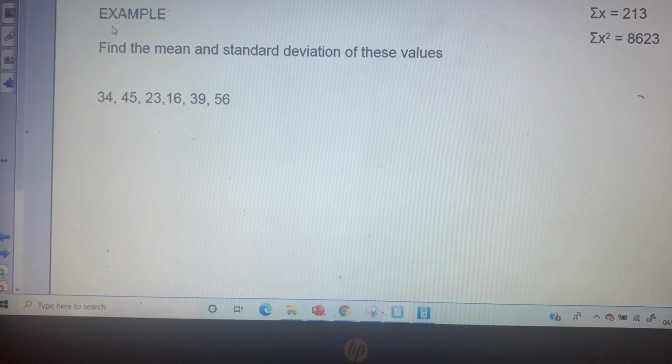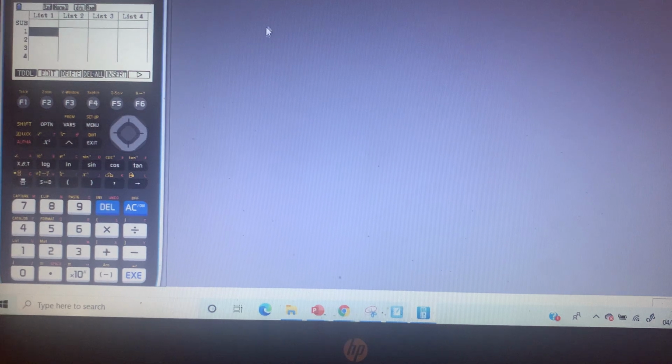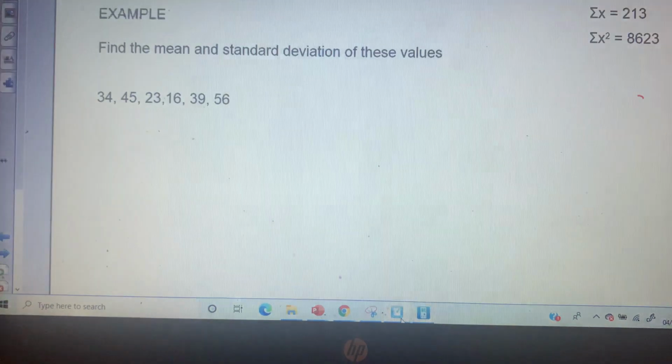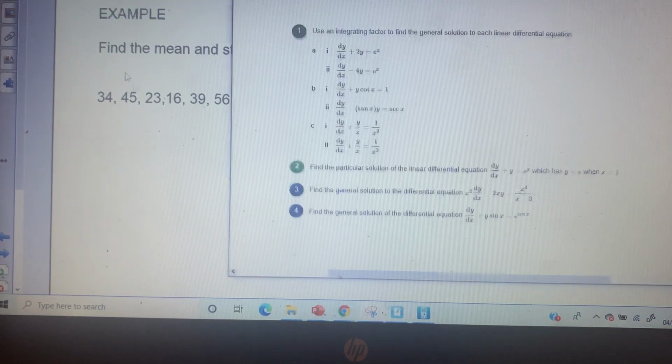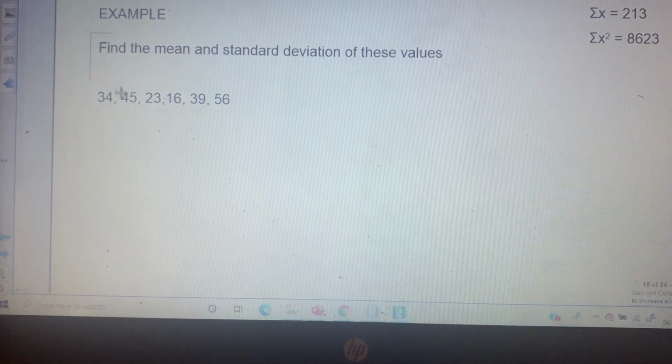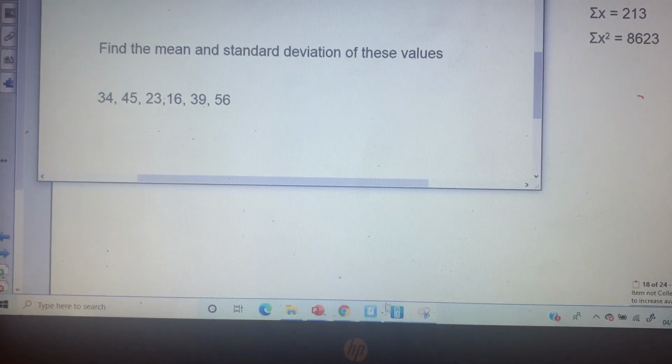So I've got 34, 45, 23, 16, 39 and 56. So what I can do is enter them into my calculator. So I need a way of getting that question in there. That's what I want that to be, isn't it?